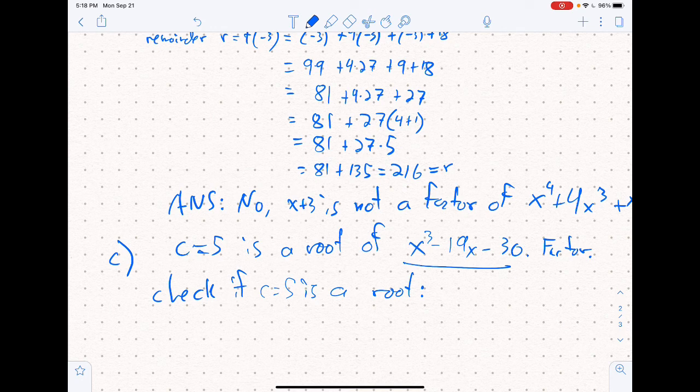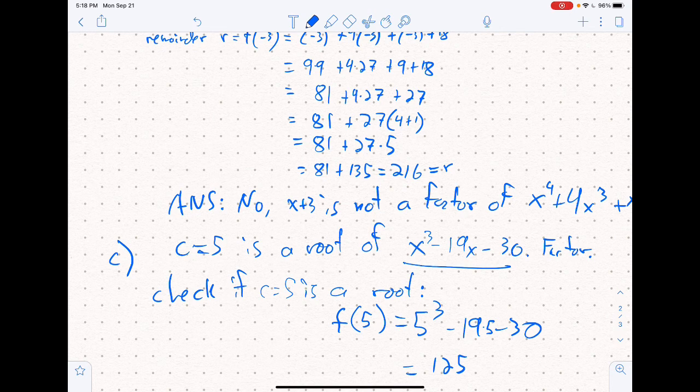And if 5 is a root, then it means that x minus 5 is a factor. So check if 5 is a root. Let's do it. We will take our function f and plug in 5. So this is 5 cubed minus 19x minus 30. This is 125. Oh, I'm sorry. I said 19x, but it's really 19 times 5 since we're plugging in. So times 5.